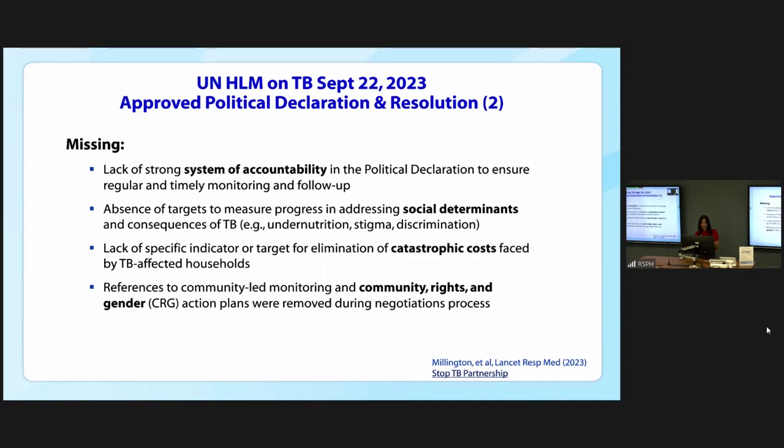There were some things not fully addressed under social determinants in terms of actually having concrete targets. And for those who have working programs or are going to work in programs, targets are what programs are working towards because it's what they get measured on. It's sort of like getting a grade. You have a rubric, and if it's not indicated there specifically, it kind of gets done, but perhaps not as well as it could be. And then the lack of community rights and gender action plans was another big area that was left out.